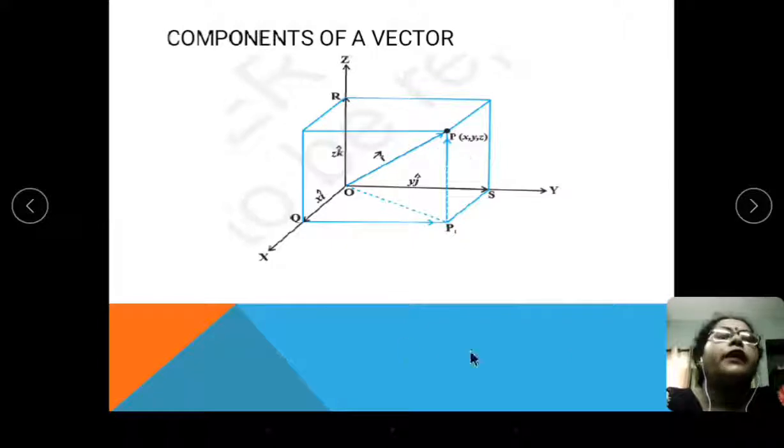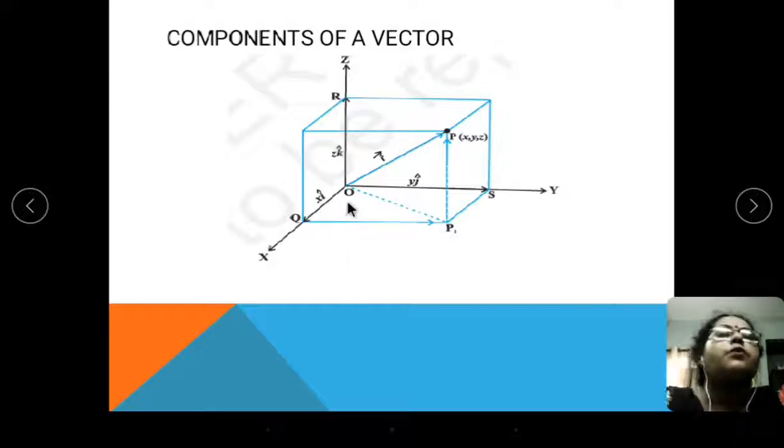Again we have a similar xyz coordinate system, and now we have the position vector OP or r, where P denotes the point x, y, z. So what do these coordinates x, y, z represent? They represent that along the x-axis the point P is placed at a distance x, along the y-axis at a distance y, and along the z-axis at a distance z.